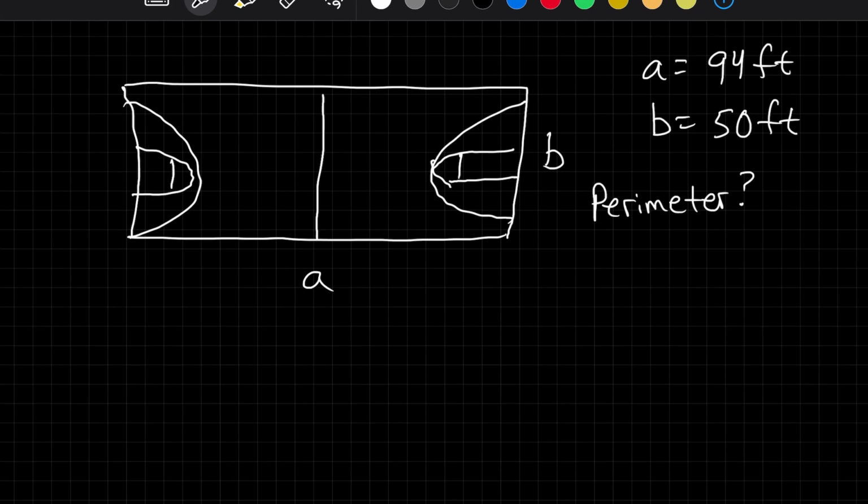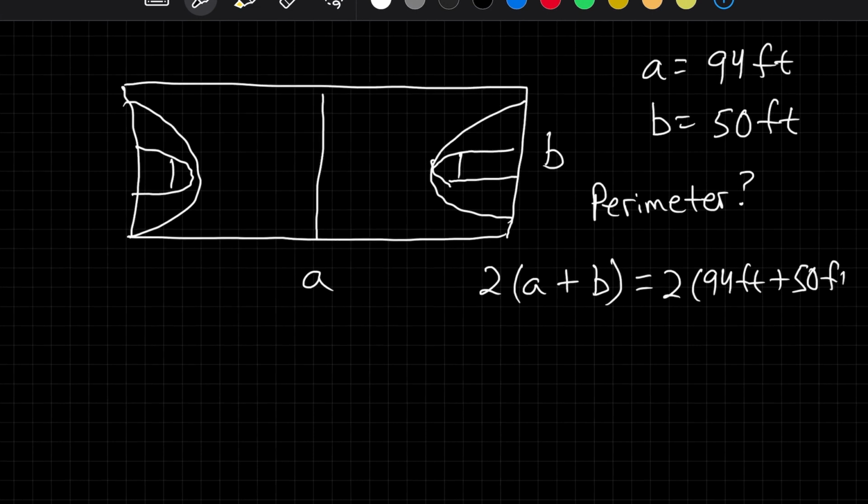We can write this a couple different ways. We can say 2 times (A plus B), that's what the perimeter is equal to. Or we can say 2 times (94 feet plus 50 feet).